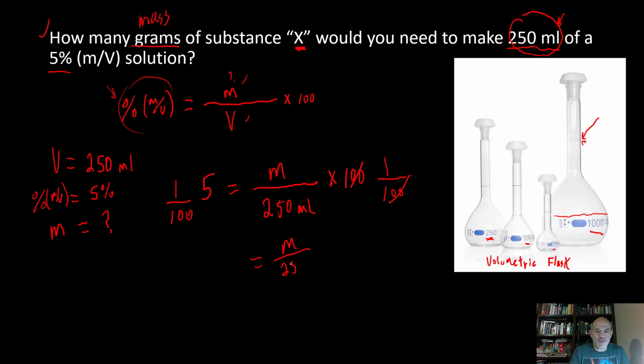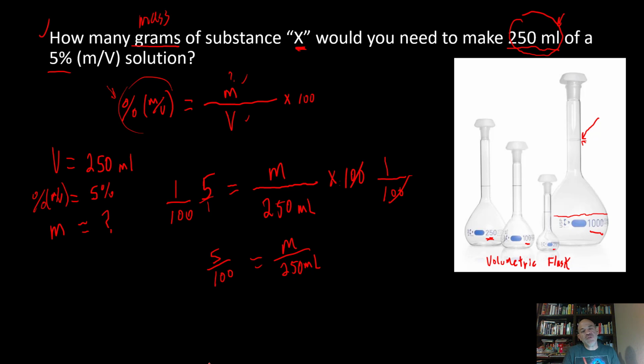Then you write down what you have left over. We have on the right side M over 250 milliliters. And then over here, 5 times 1 over 100. This is kind of like saying 5 over 1. So what this gives me is 5 over 100. And if you did that calculation, it would give you 0.05 as your answer.